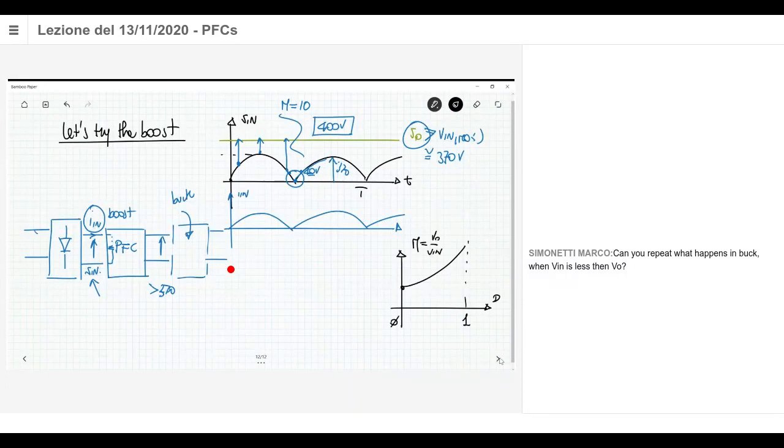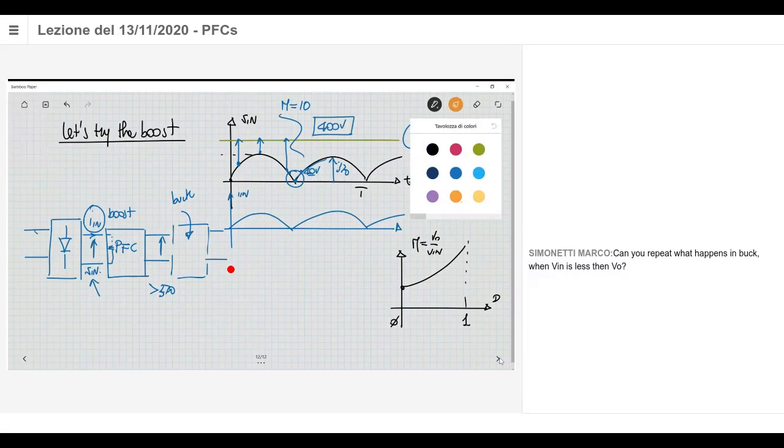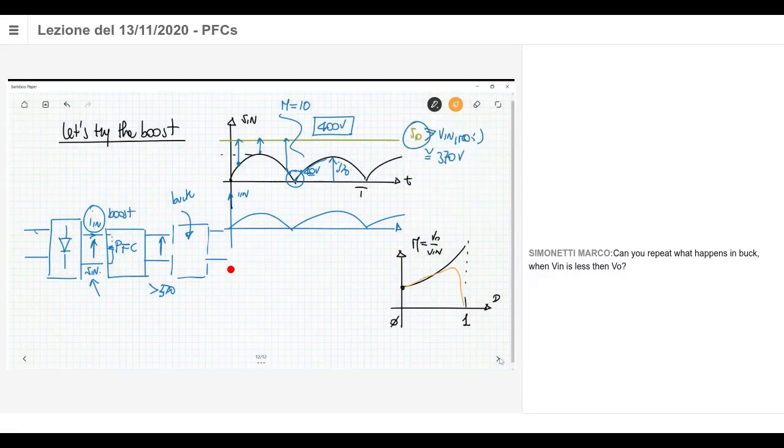But as I said in a previous lecture about the boost, real circuits always have a maximum duty cycle that can be employed, around 0.65 or 0.8, something like this. So the maximum possible M is around, I don't know, 4, 5, 6, this number, okay? So you cannot use 10. So how can you make the boost work for this huge conversion ratio that you can have when you are in the lowest region of the voltage V?